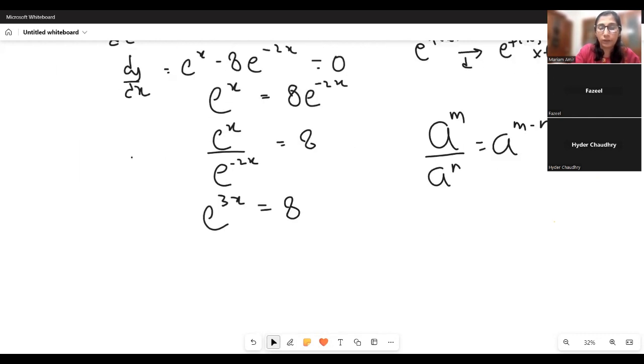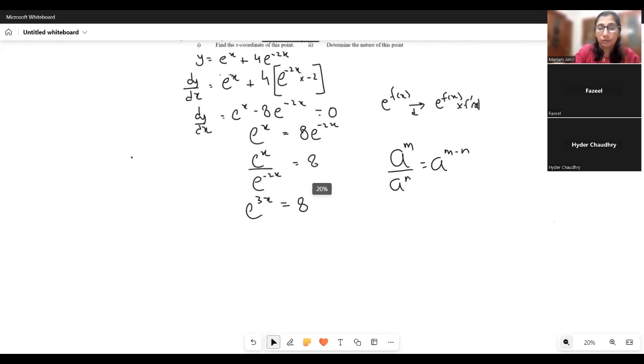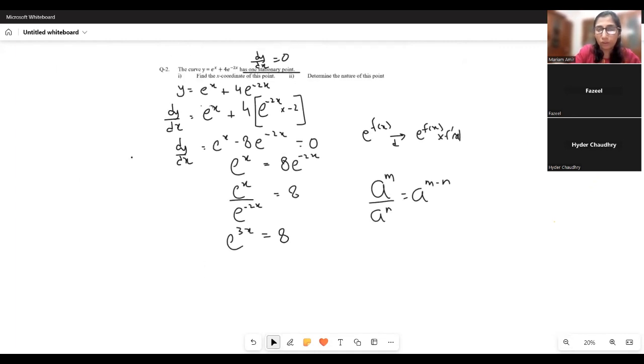Again, we have to find the value of x. So remember from log, what should be the next step? e power x equals 2. Sorry?